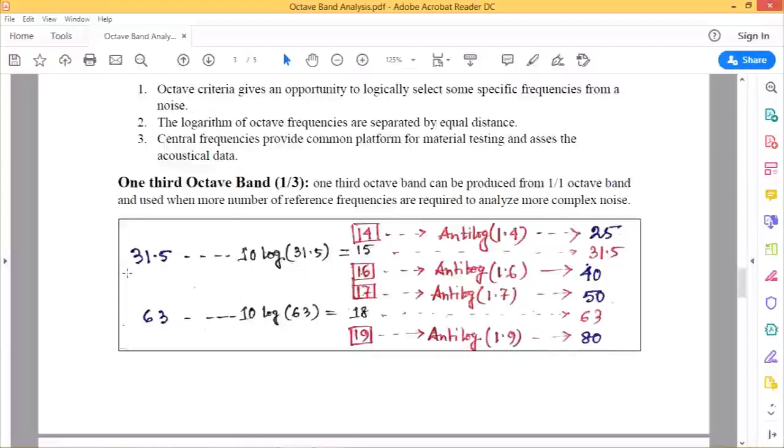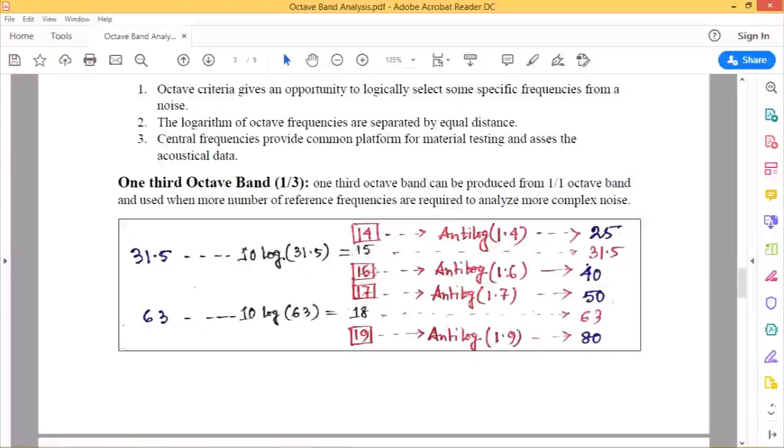We will discuss. First of all, make a table. For the 31.5 octave band central frequency, you have the band number 15, written in black. Similarly for 63, the band number is 18, which can be calculated by the formula 10 log 10 63. Now between 15 and 18 there are two numbers, 16 and 17.